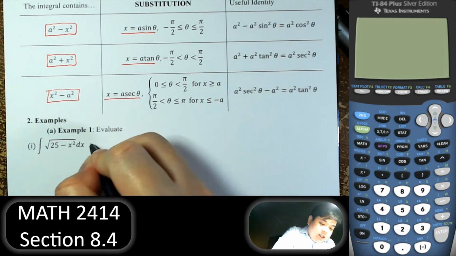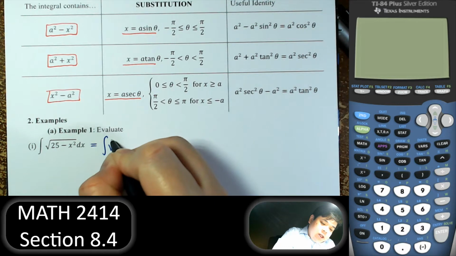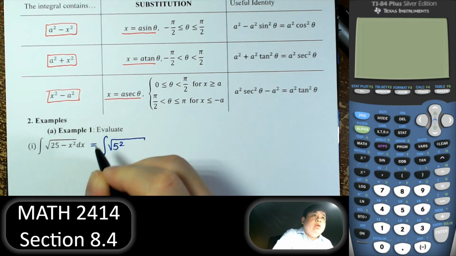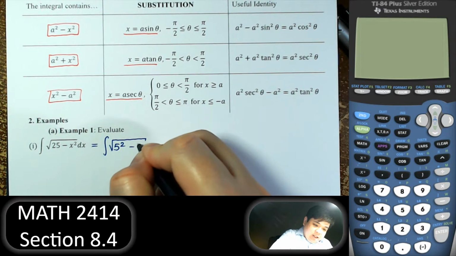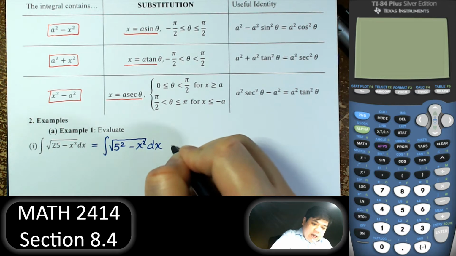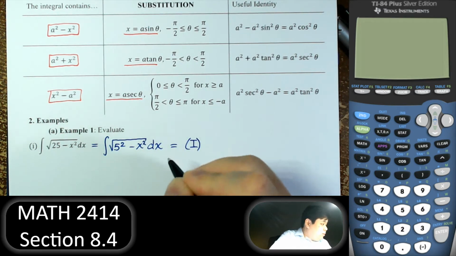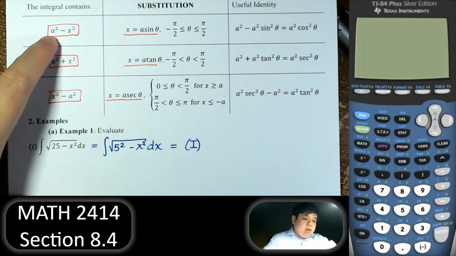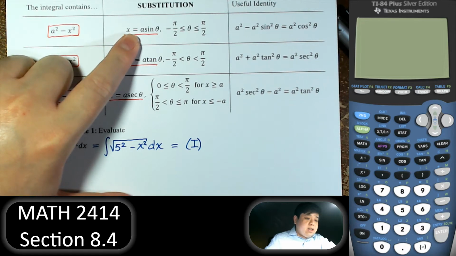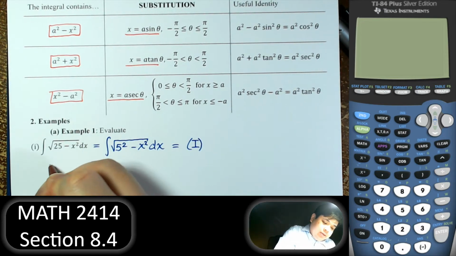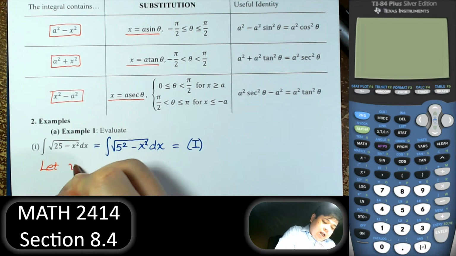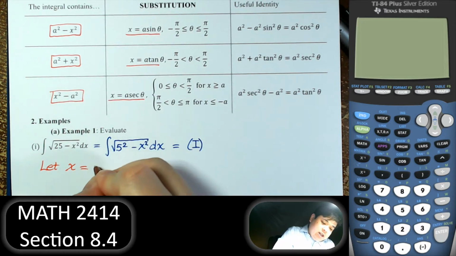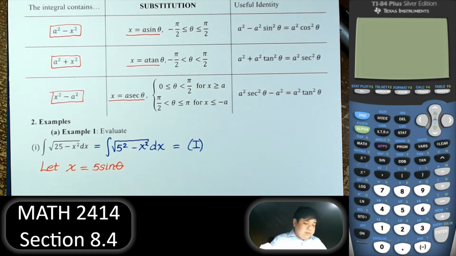But I will write 25 as 5 squared, so it will look like the form we have here, and let that equal the integral I. Now, because it is in this form, we're going to let x equal a sine theta, which will be 5 sine theta.